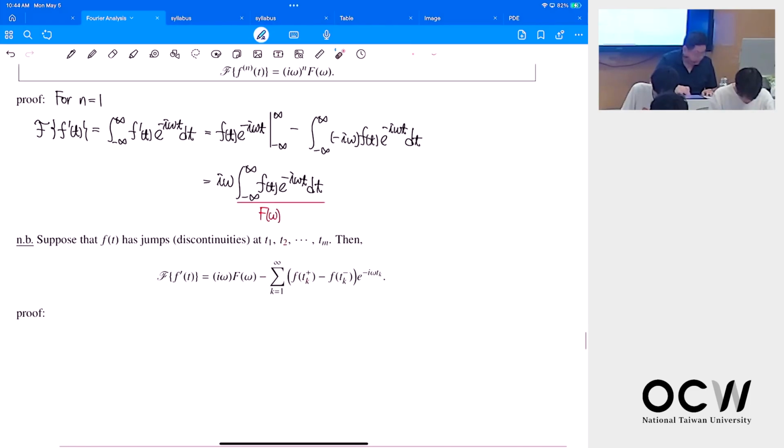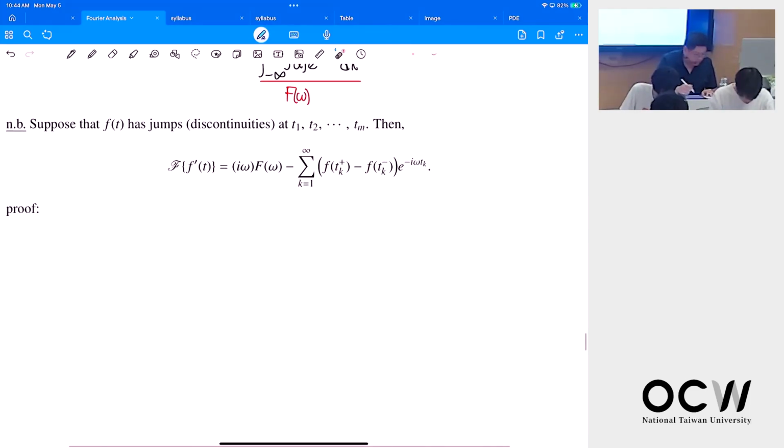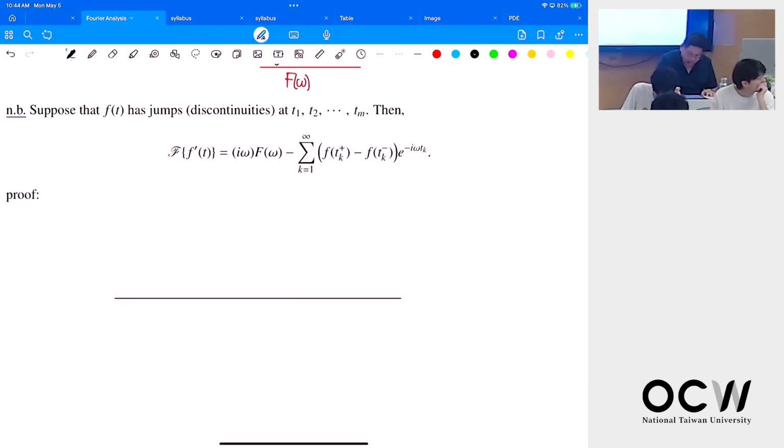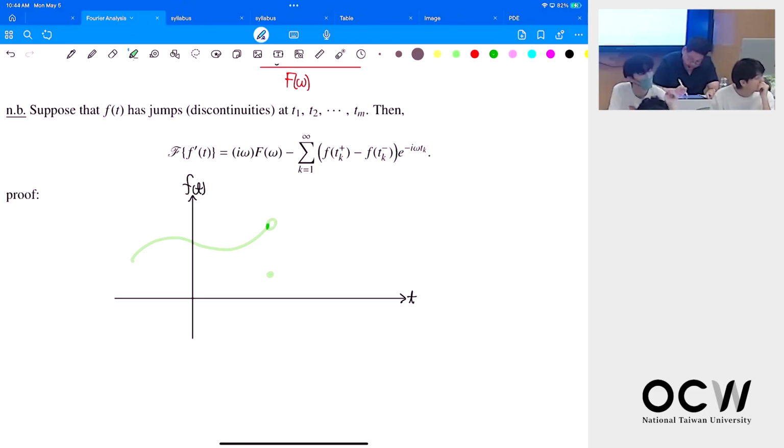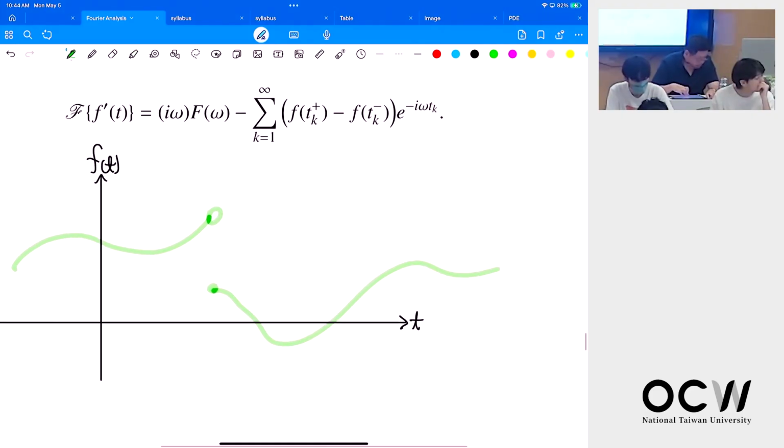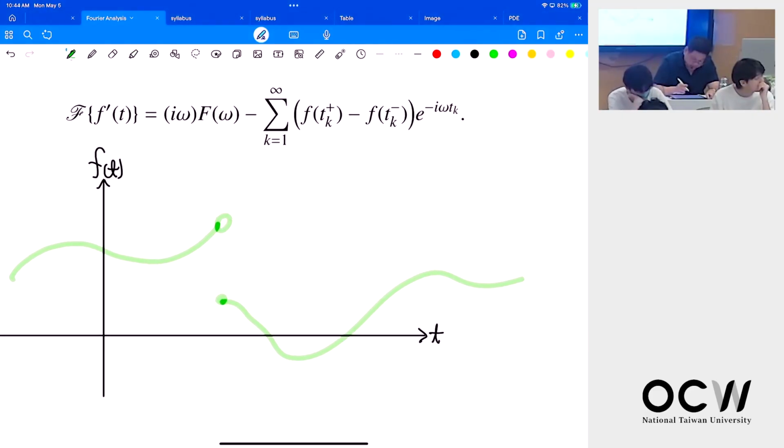So here we can plot this first. This is my function f. And then here, this is tk.